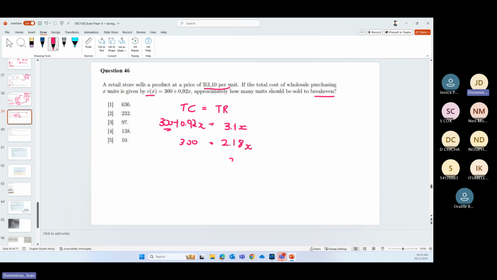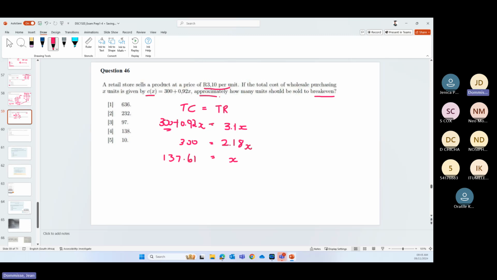And then to get x, I must divide on both sides by 2.18. So 300 divided by 2.18 is, I get 136.61.